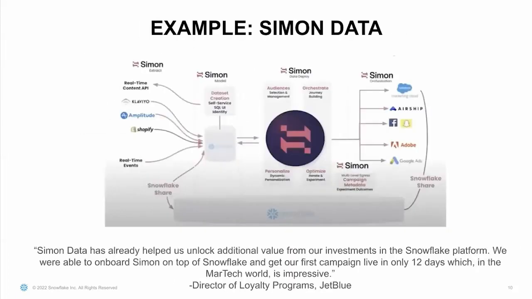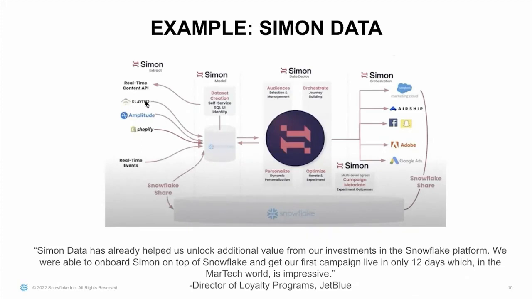I wanted to share a brief example of a company, Simon Data, which runs a customer data platform solution. We're not going to get deep into this diagram, but what you see here is the Simon Data hosted Snowflake account.